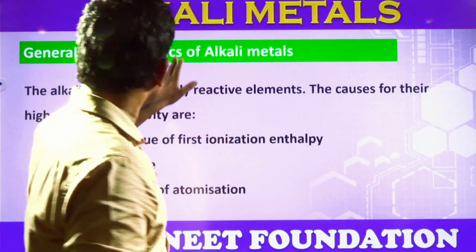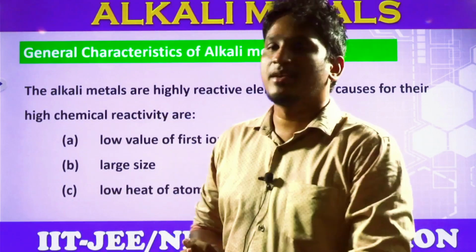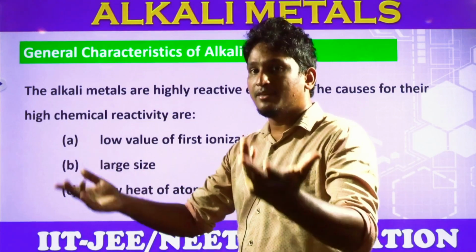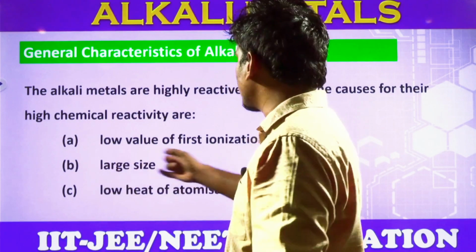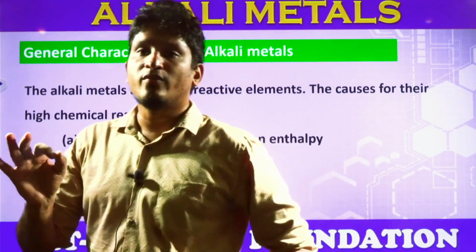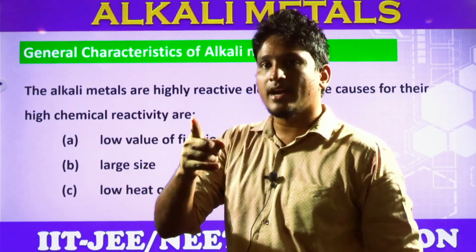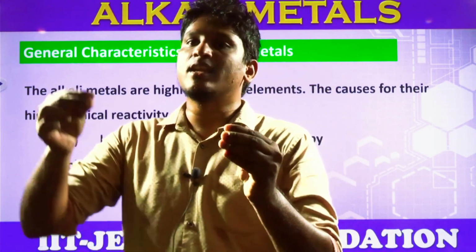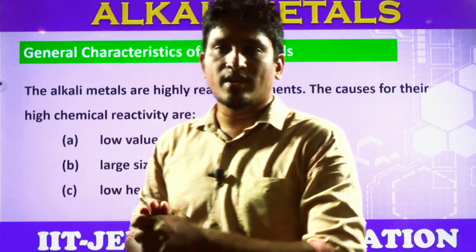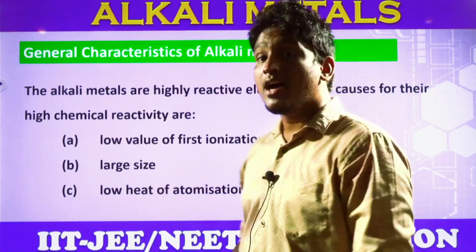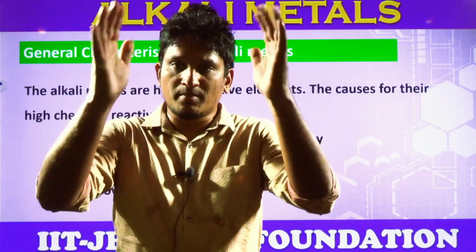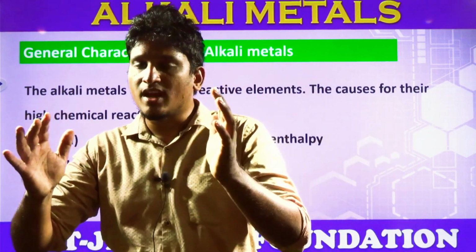Next, general characteristics of alkali metals. If you want to define alkali metals, you can define them by 3 points. One is, they all have low values of ionization enthalpies. What is a low value of ionization enthalpy? They can easily lose electrons with limited energy. Yes sir, the exception is lithium. Next, large size. Yes, students, top to bottom atomic size is increasing. Left to right, what happens to atomic size?